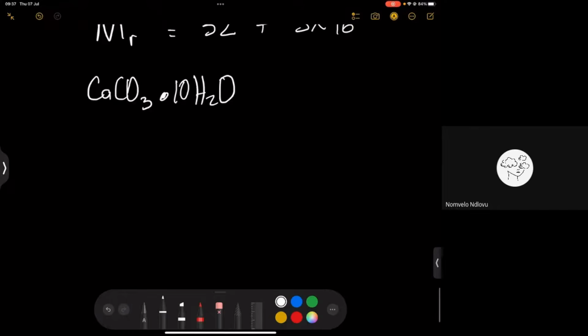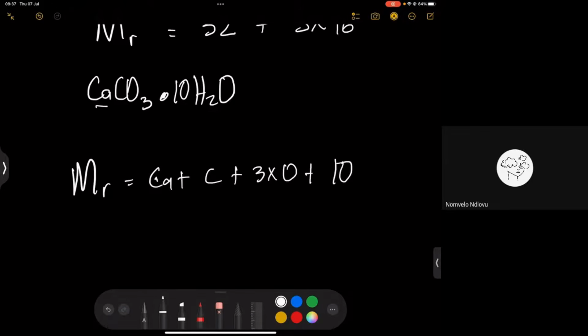When you're calculating the molar mass here, you're going to say calcium plus carbon plus 3 times oxygen, plus in this case, you include the 10 as well. Plus 10 times H2O, so that's 2 times hydrogen plus another oxygen. So it's only this one that you add.